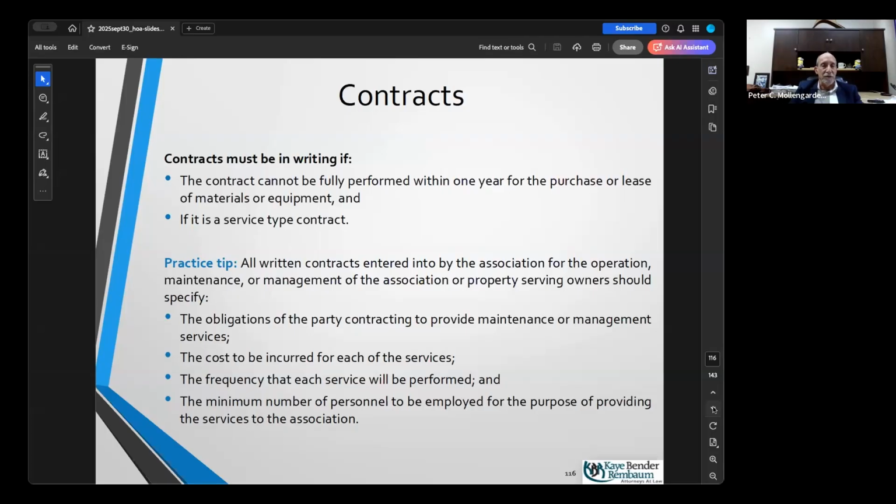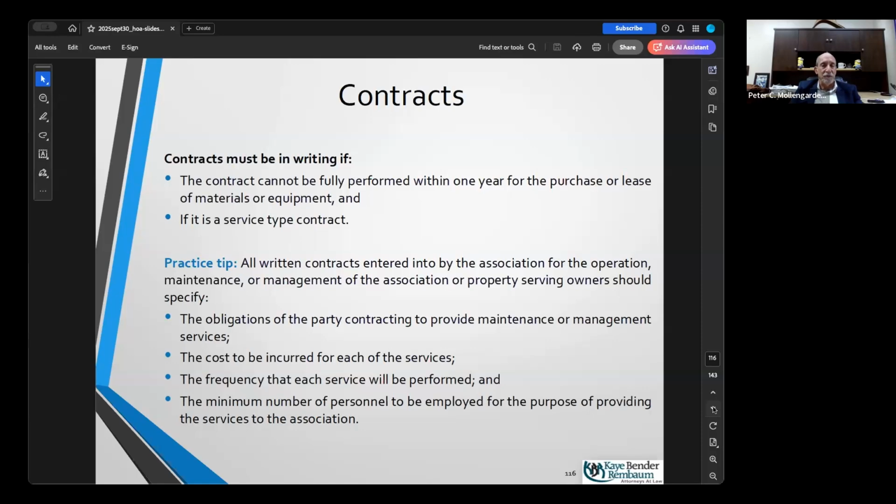All written contracts entered into by the association for the operation, maintenance, or management of the association property serving the owners should specify, by the way, the only contract I sometimes advise not to be in writing is an employment contract, but that's an issue for another seminar.